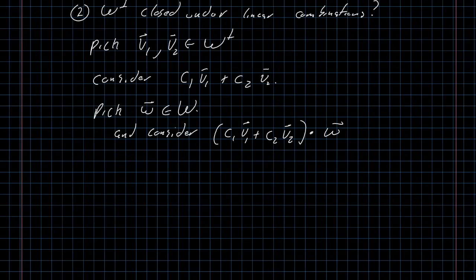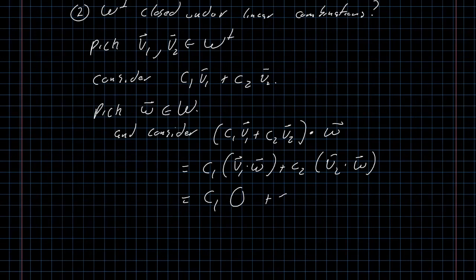Of course, dot products have the distributive property. This is C1 times V1 dot W plus C2 times V2 dot W. And since V1 is in the orthogonal complement, that means that V1 dot W is 0, and likewise V2 dot W is 0.